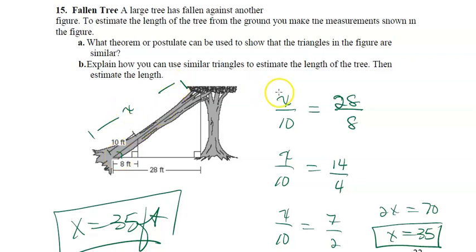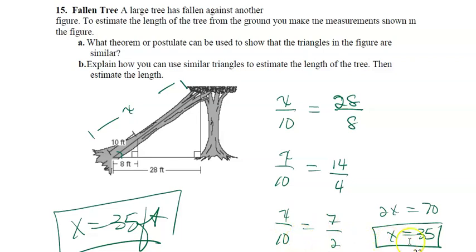Here's the hypotenuse of the big guy over the hypotenuse of the little guy. Here is the base of the big guy over the base of the little guy. So I just reduced it, I can reduce it all the way down to 7 halves. And then 2x equals 70.